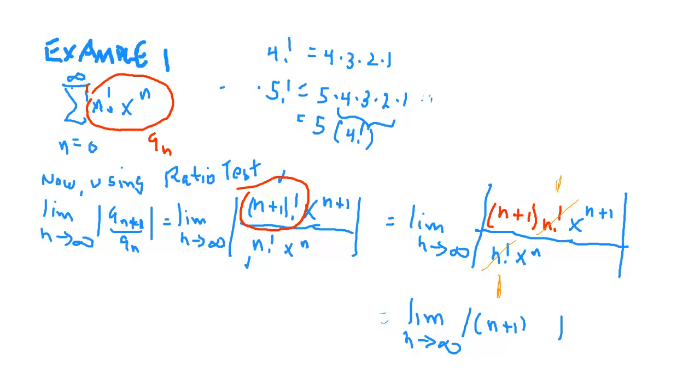What is x to the n plus first divided by x to the nth equal to? What do we do with the exponents? That's right, Ange. We subtract the exponents. And so you get x to the first.